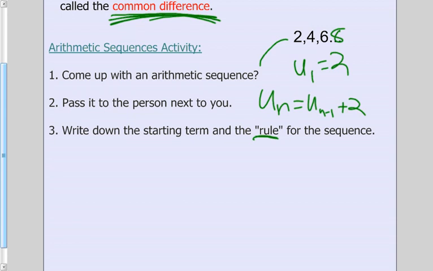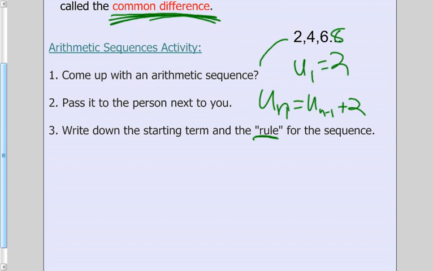Does everybody else agree? Raise your hand if you agree. Yep. This is awesome because this is saying I'm looking for this term and I need the term before it. So if I'm going to find u of 2, I would just plug in that and go from there. Awesome.